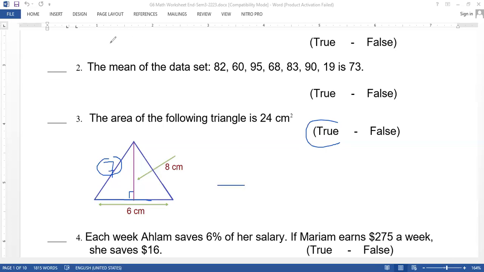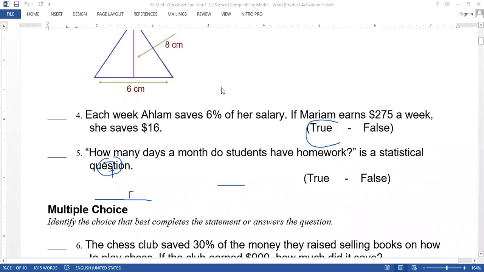Question number 4. Each week, Ahlam saves 6% of her salary. If Ahlam earns 275 a week, she saves 16.